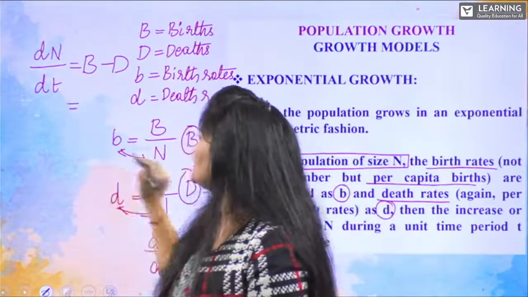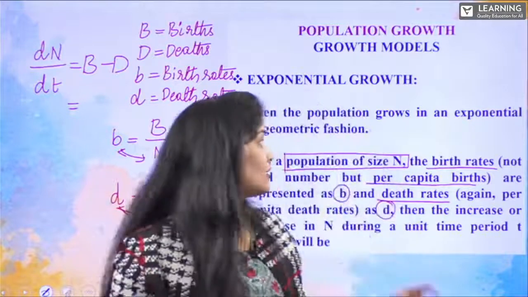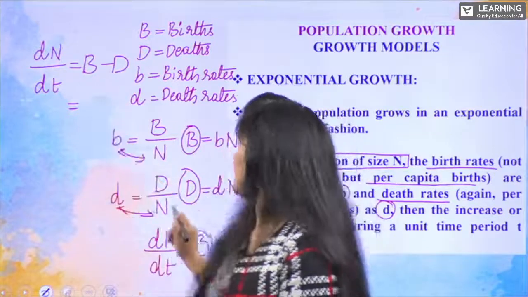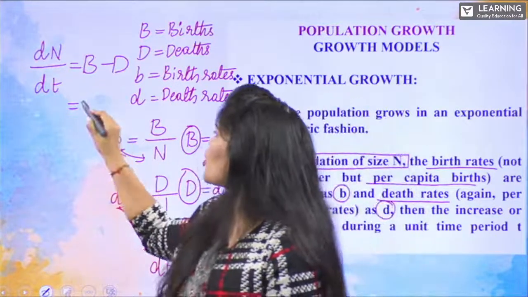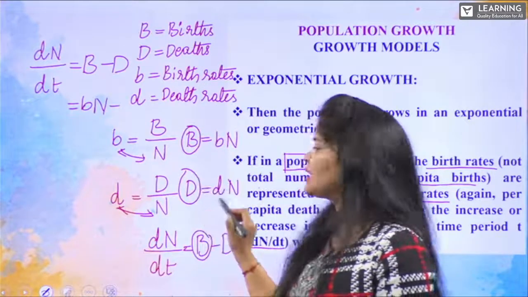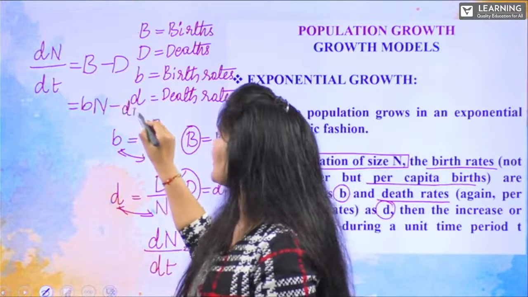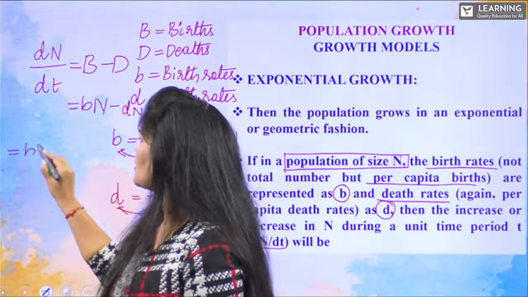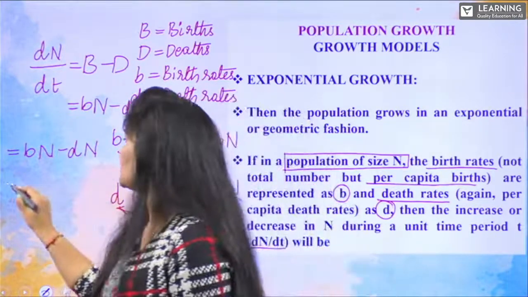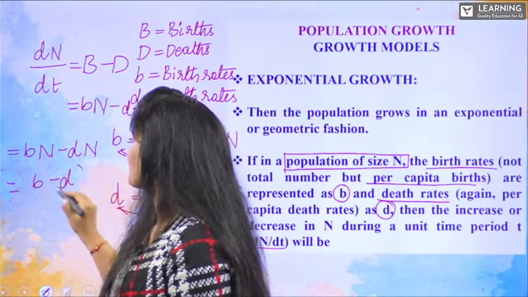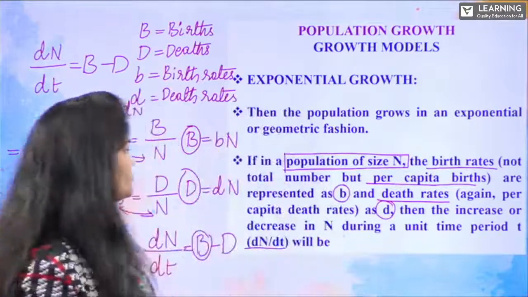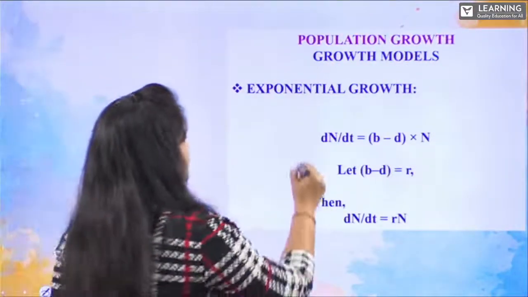That is equal to, these have to be taken per capita, right? So what is the value for capital B? Small b N, minus, what is the value of capital D? Small d N. Let me write here. We can make N common.